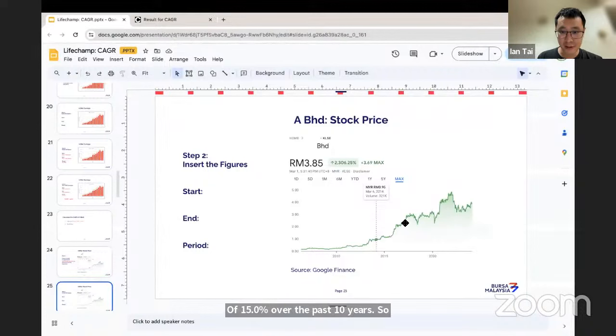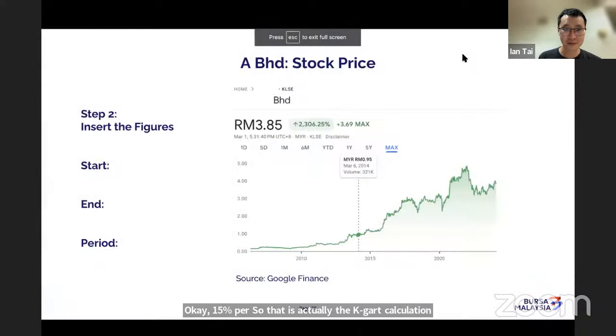So the growth rates are different on a year-on-year basis. Sometimes it goes up very fast, sometimes it goes up very slowly. There are times where it dips, but on a 10-year basis, it's 15% per annum. So that is the CAGR calculation for Eberhard stock price.